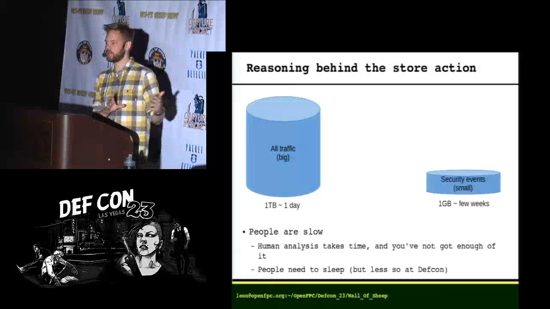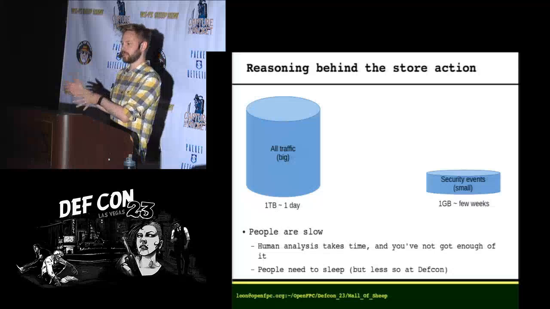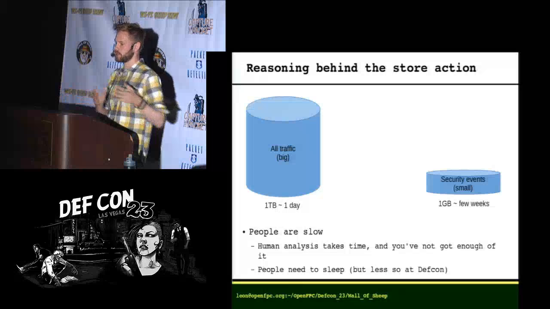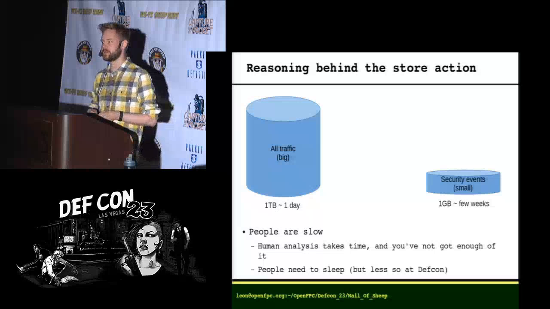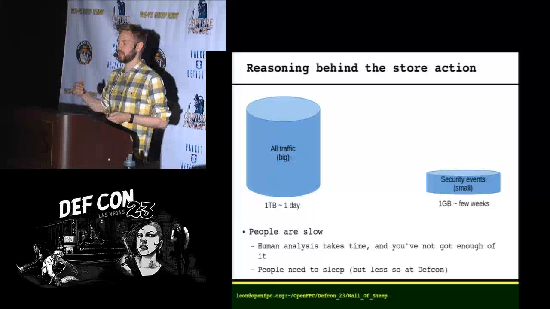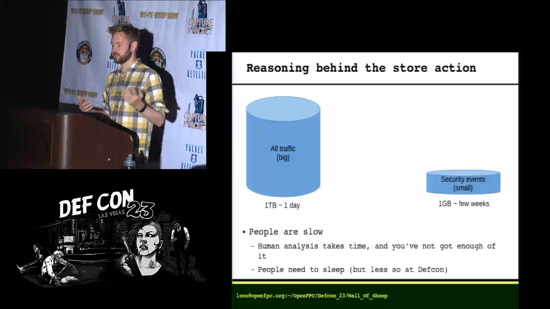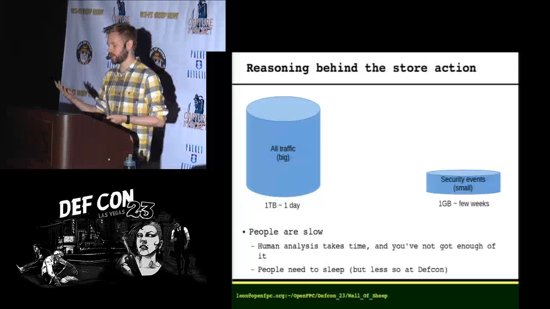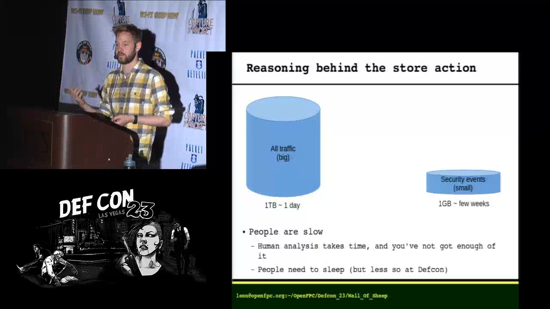PCAP data is big, really big. And security event data is relatively small. It can grow to be big as well, but it's much smaller relative to the full packet data. So in a situation where you've got multiple security tools and they're recording events, in this example, maybe you've only got a full 1 gig of storage available for your security events. Maybe that allows you to have a few weeks worth of event data.